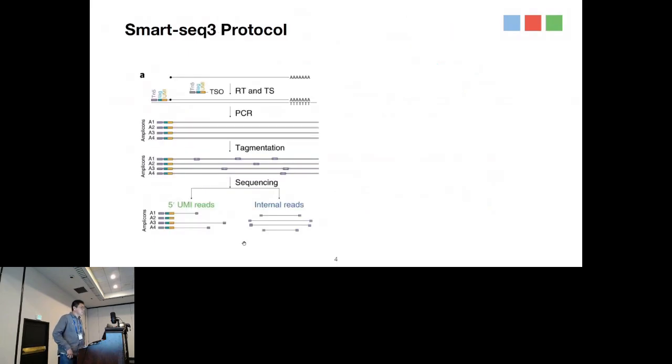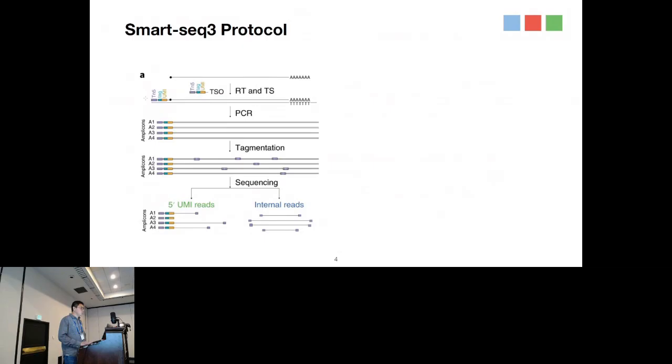So let's look into the SmartSeq3 sequencing protocol. This is a figure from the SmartSeq3 paper. This is the mRNA. The protocol starts with creating lots of TSOs, template switching oligos, consisting of the Tn5 tag, which will be used later for tagmentation, an 11-base pair primer, and then the UMI.